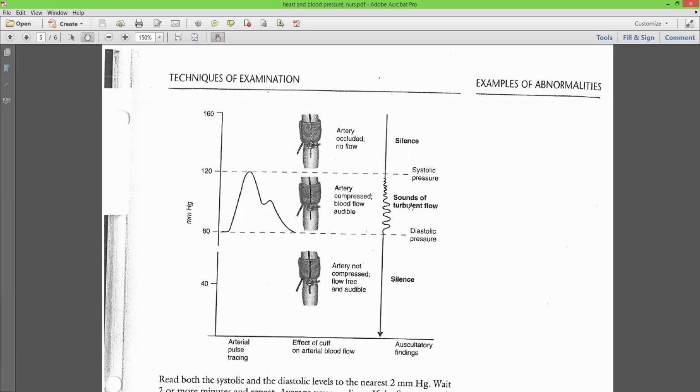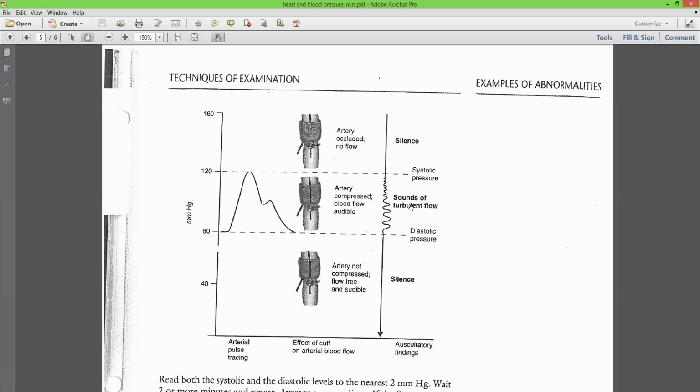So you're going to hear bloop, bloop, bloop, and then the last sound that you hear, that's diastolic. It's a dripping sound, bloop, bloop, bloop, and then you don't hear it anymore.